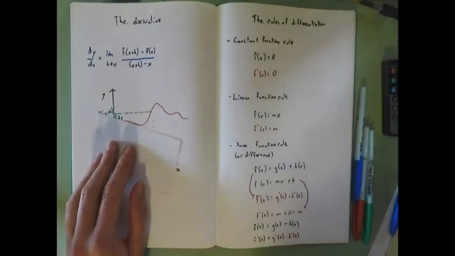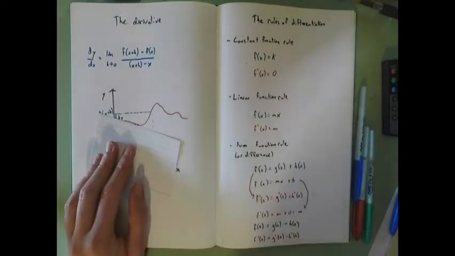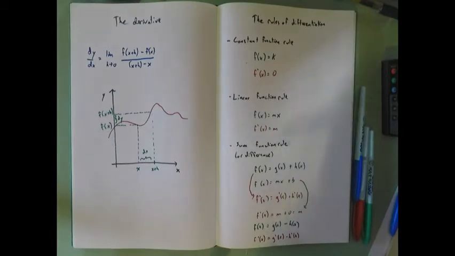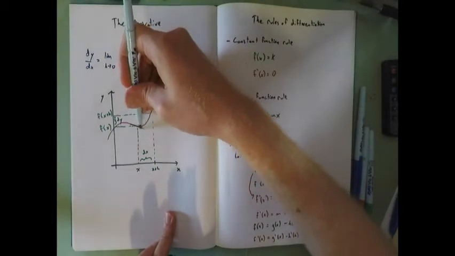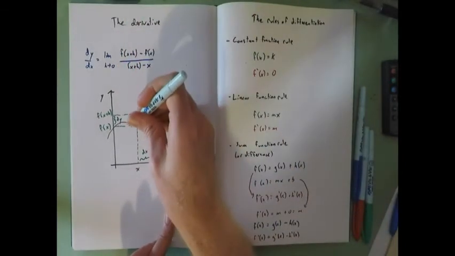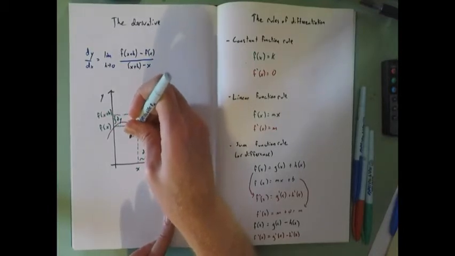We're getting infinitely better estimates until, at least in the limit, under certain conditions, this is going to be the actual slope at this point. That is going to be, I'm going to do as good a job as I can, the slope dy dx. Oops. dy dx, not dx dy.